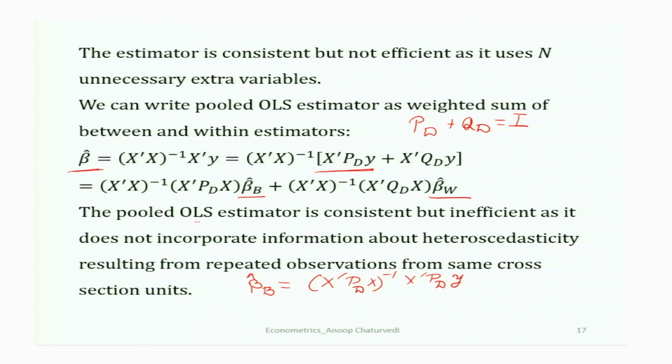Then the pooled OLS estimator is consistent, but inefficient, as it does not incorporate information about heteroscedasticity resulting from repeated observations from the same cross section units.